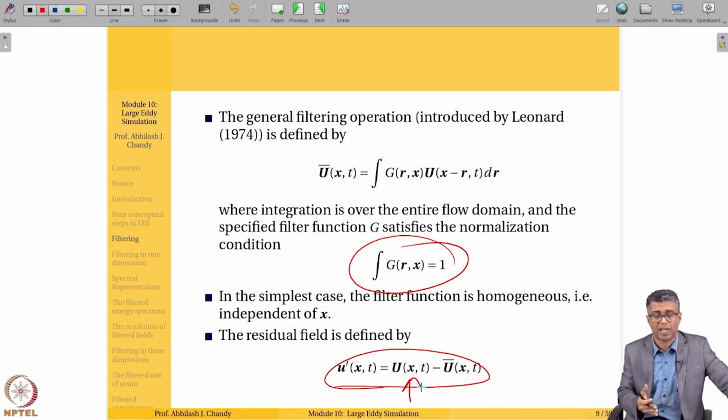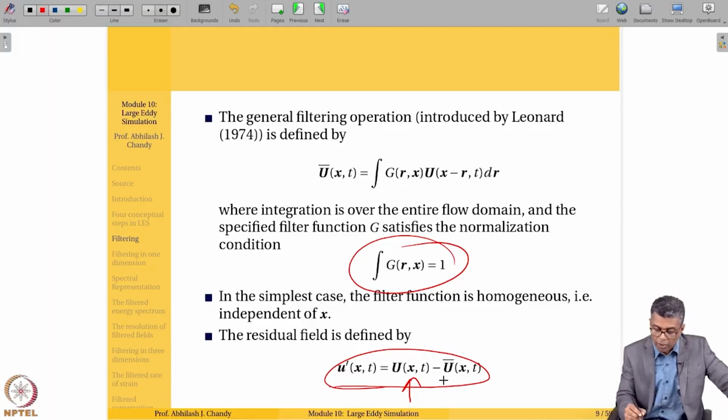But just a word of caution when I use the word random here. What I'm trying to say is that it is time dependent, unsteady and fluctuating, and so it is unpredictable in that sense. So your U of x,t is 3D and random, and when you filter it, the randomness doesn't go away like you had in the Reynolds decomposition. The randomness doesn't go away.